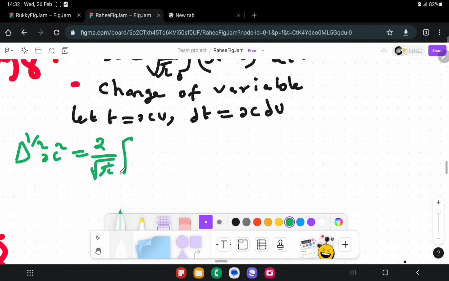Then we have our integral from 0 now to 1 of x minus t. Now our t is equal to xu, so replace it with xu, close the bracket, raised to power negative half. And then xu du.